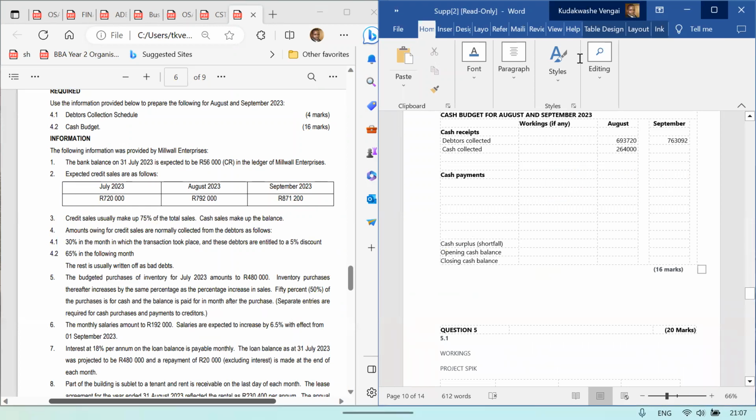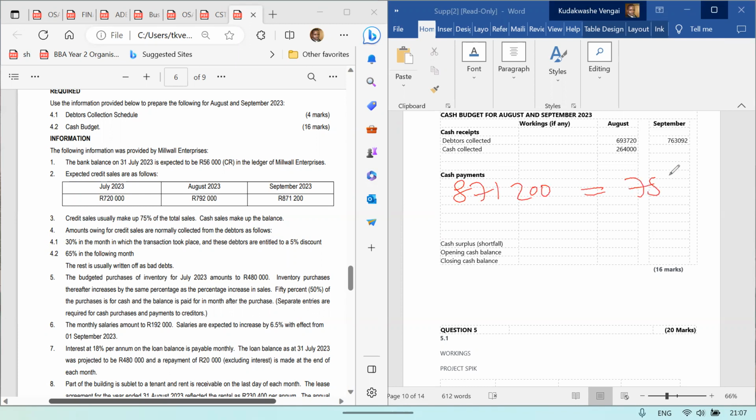We want to do the same thing for September. Same concept. We are saying here that 871,200 is equal to 75%.